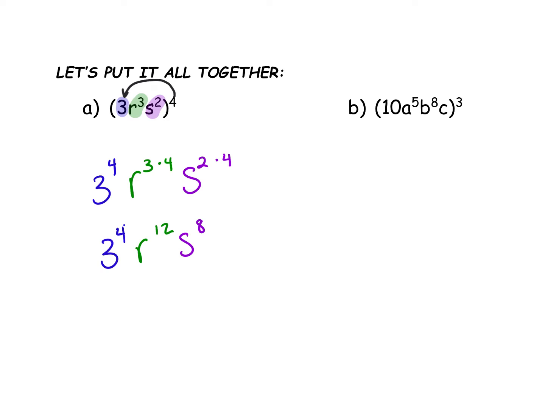We can go a step further and actually do this exponent. This would be 81, because that's 3 times 3, which is 9, times 3, which is 27, times 3 again, which gives us 81. So 81 r to the 12th, s to the 8th.